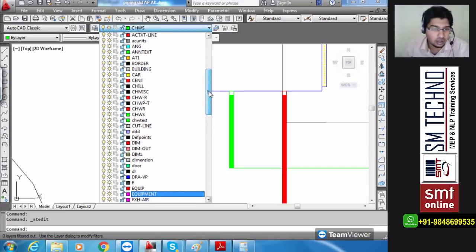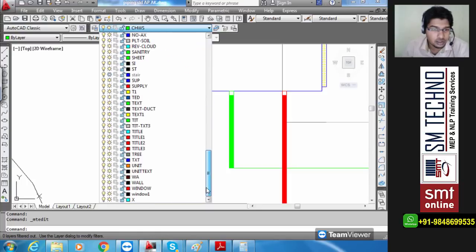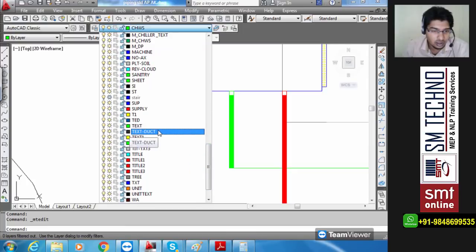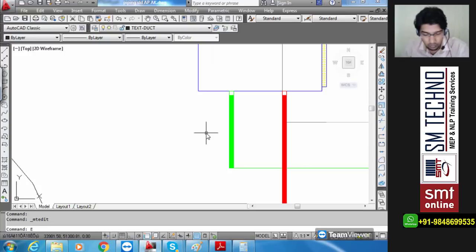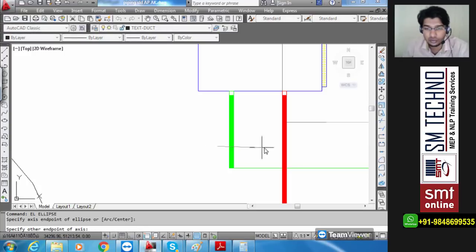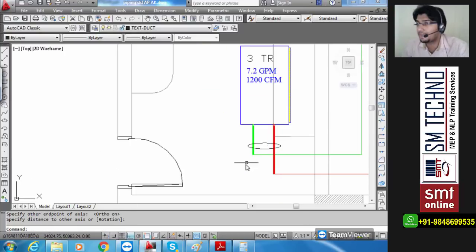I can take any text layer available with me. T for text. I have text that is in green. I'll take text duct. We are going to first draw an ellipse, circling the two like a rubber band.